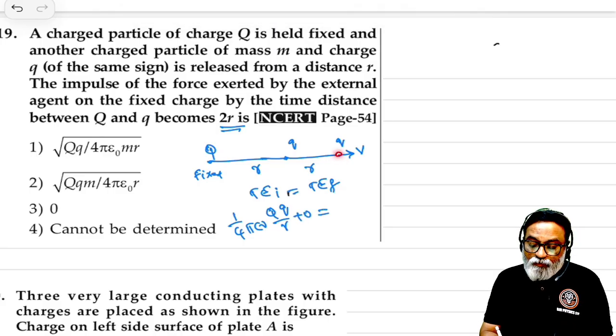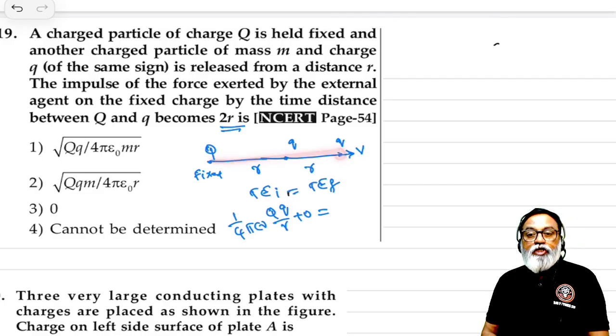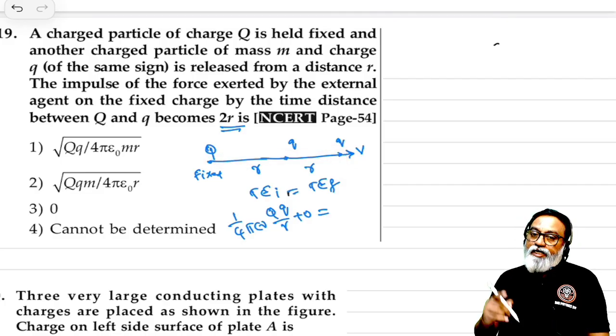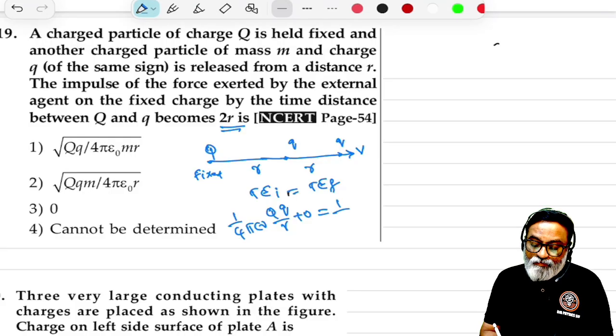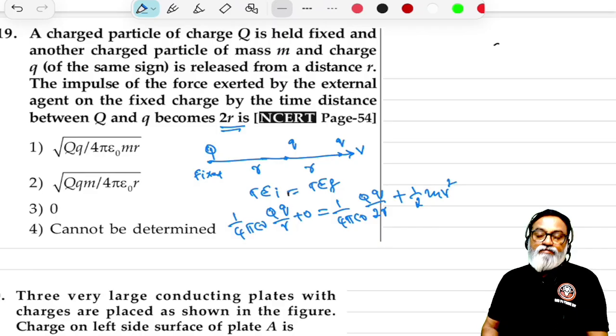Next, at this position the distance between small q and capital Q is 2r and it has velocity. Therefore potential energy is 1 by 4 pi epsilon 0 q into Q by 2r plus kinetic energy of half mv square.